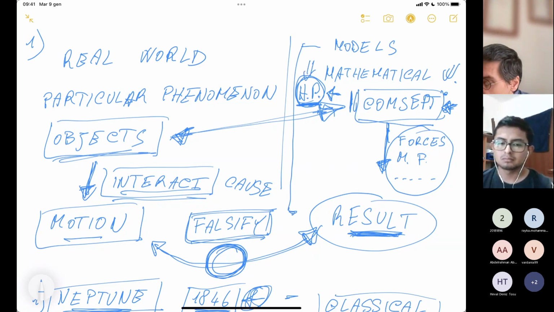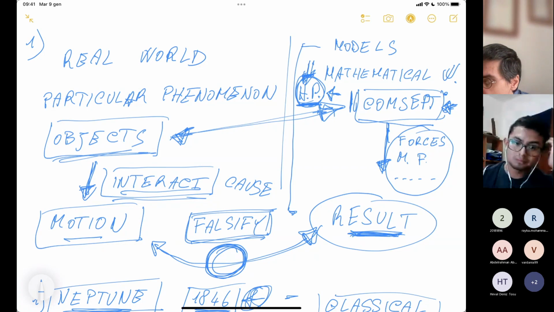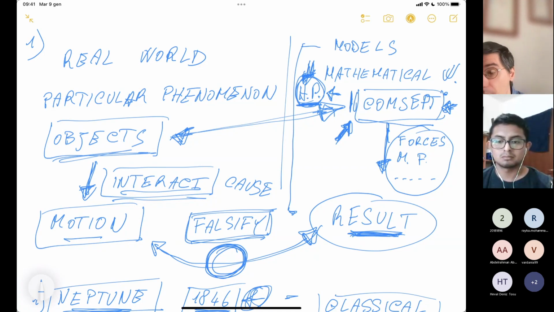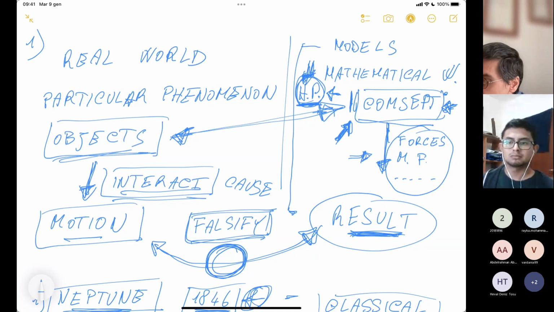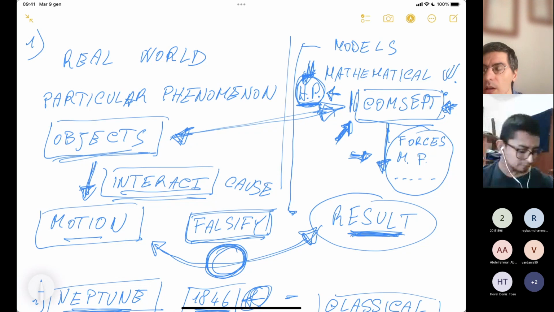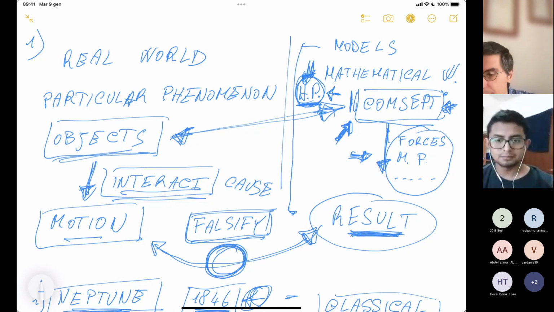We have to set some initial hypothesis in order to fix what we are able to predict. We must define in some way how to describe the object that we want to consider. We have to introduce something that is able to mimic the interaction of your object with the rest of the world.